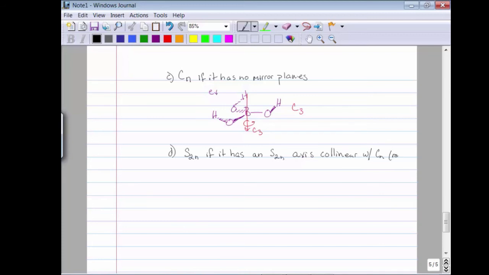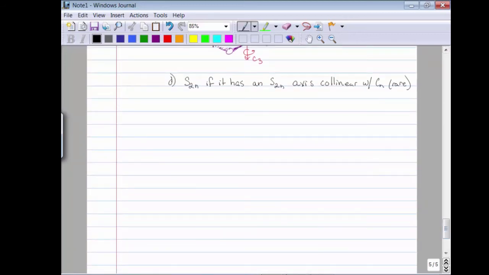This is rare. So S2N is kind of, we saw an S2N in the octahedron where you had a C3 and then you had an S6. So 2 times the number of the principal axis. These are rare, so they're things that you don't often have to worry about. So those are the cases when you have a principal axis, but you don't have a C2 axis perpendicular to that principal axis.